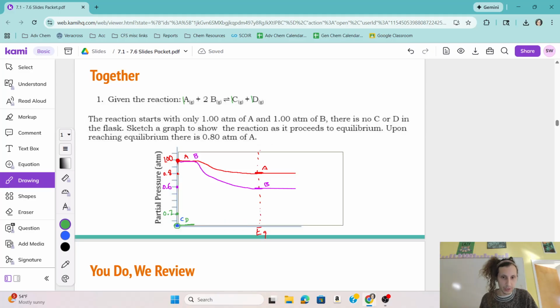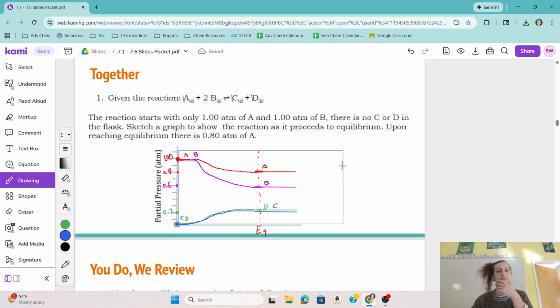So eventually, this is going to be where D ends up, and it's also going to be where C ends up. So it's increasing and then it's tapering off. And I'm just kind of mimicking the line for C. Imagine they're just right on top of each other. Okay, and there we have it.